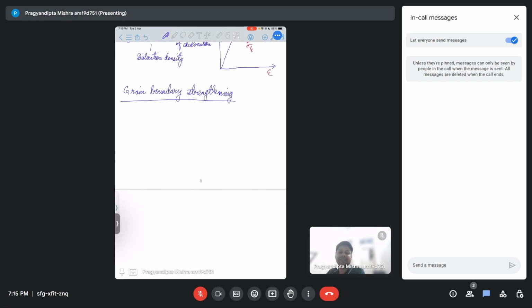Now, why are we essentially seeing this kind of strengthening? Because you will have grains oriented at different angles, right? So if you have a grain which is oriented at a particular angle, let's say like this, you might find that some other grain is oriented at a different angle, like this.